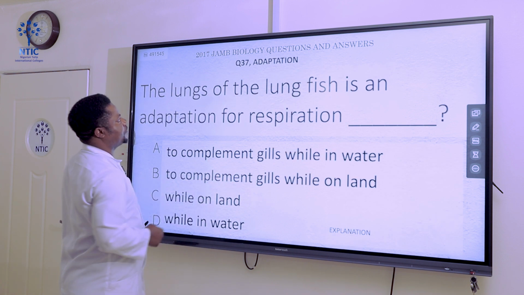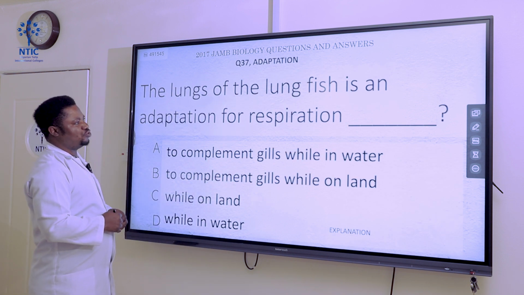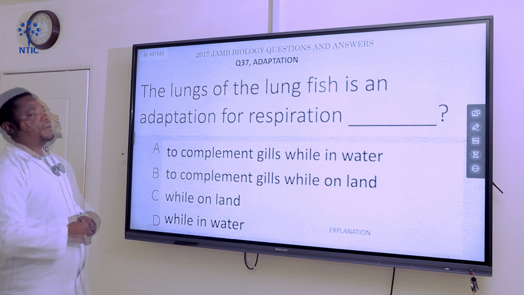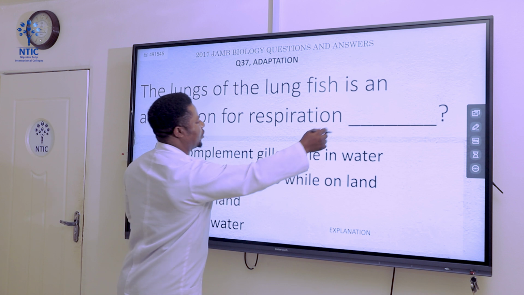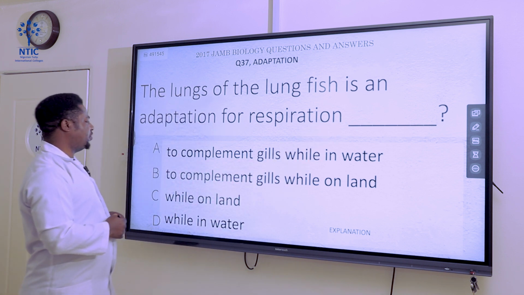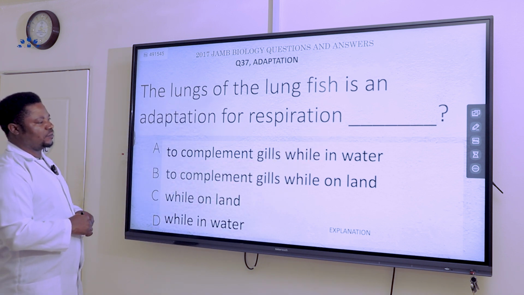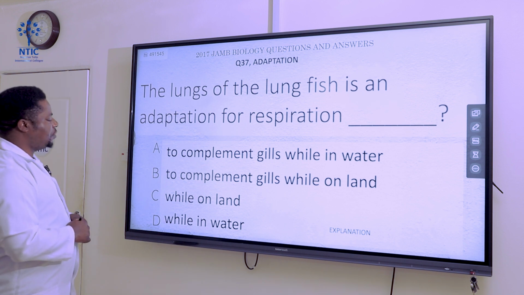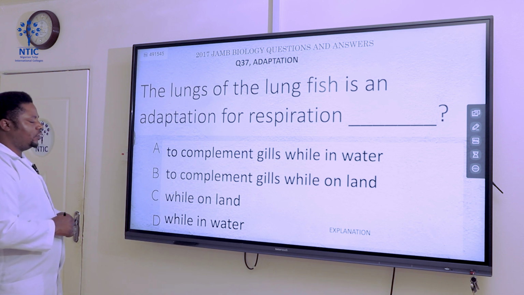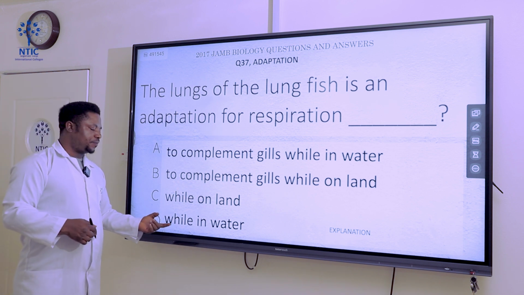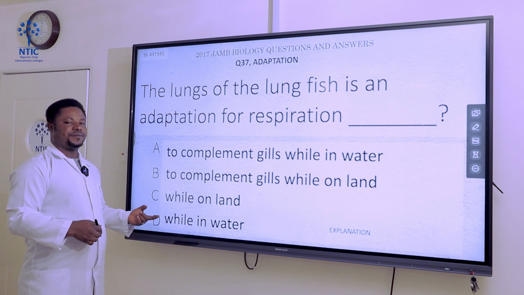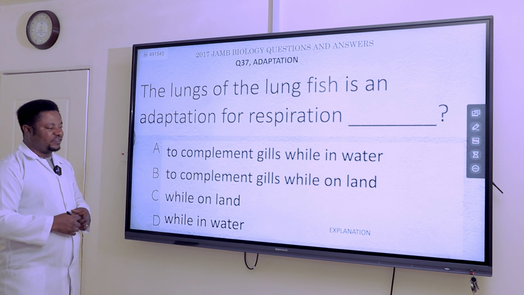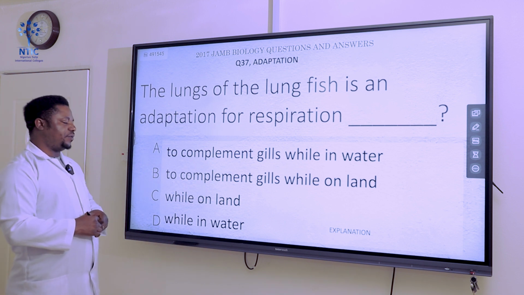Question number 37. The lungs of the lungfish is an adaptation for respiration, and we are going to fill in the blank. Option A says to complement gills while in water. B, to complement gills while on land. C, while on land. D, while in water. If you must live in water permanently, you need the gills for efficient respiration in water.